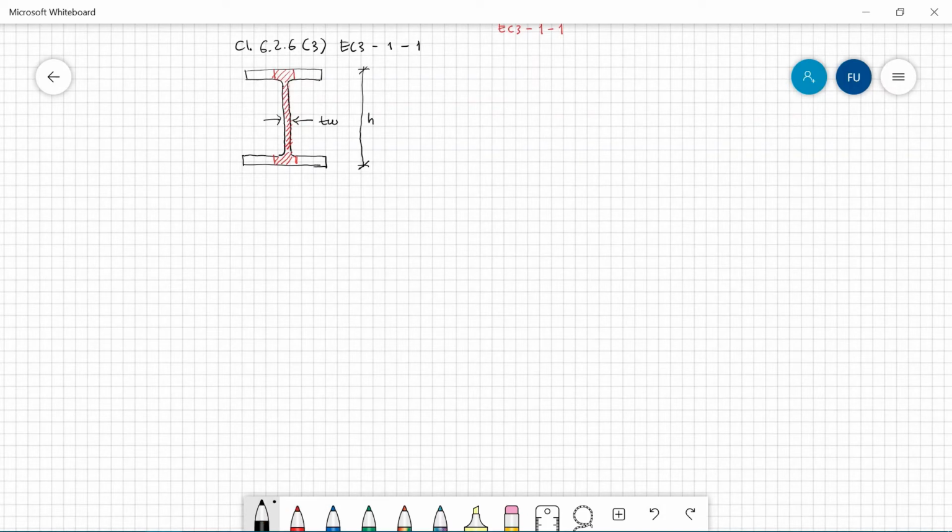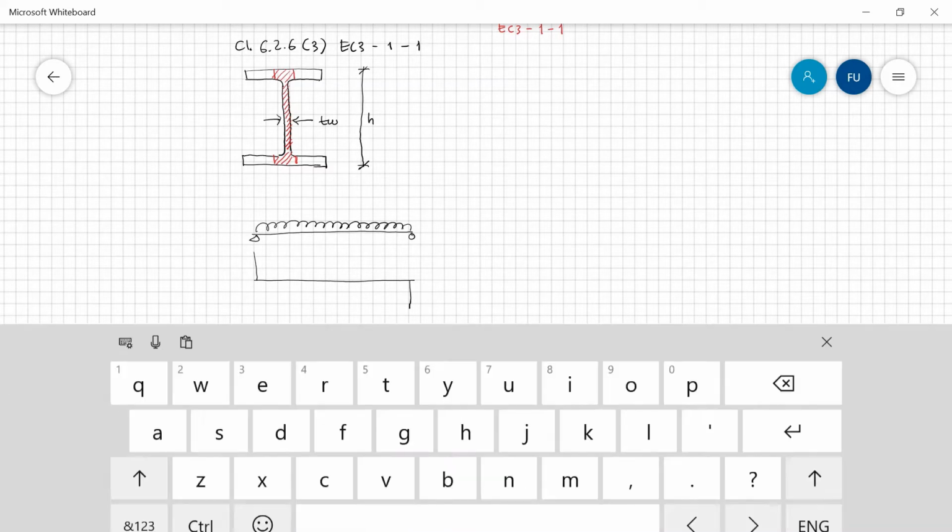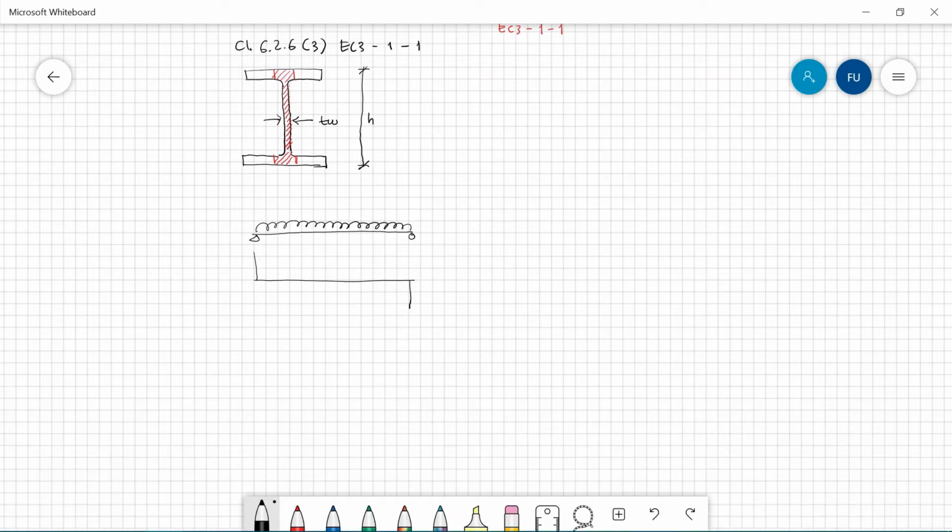And then a beam, when it is simply supported subject to uniform distributed load, we can determine directly the design resistance from the shear force diagram.